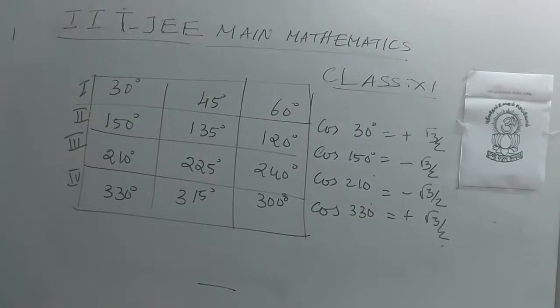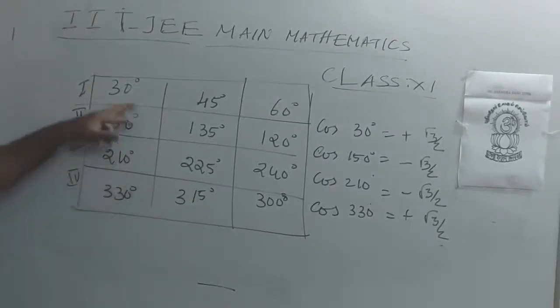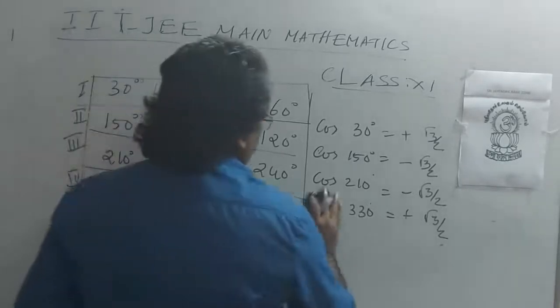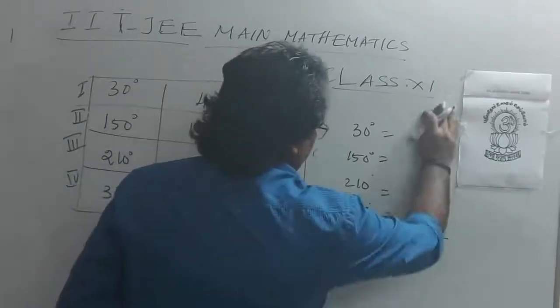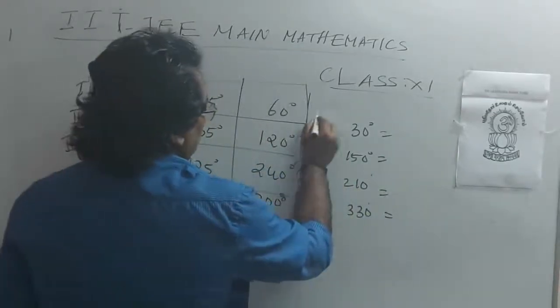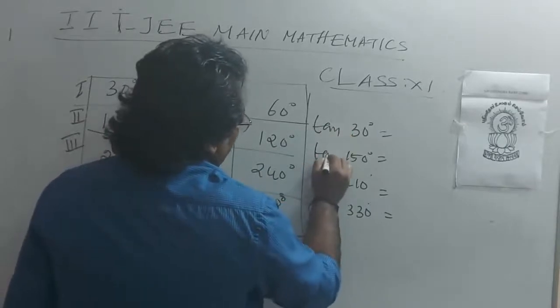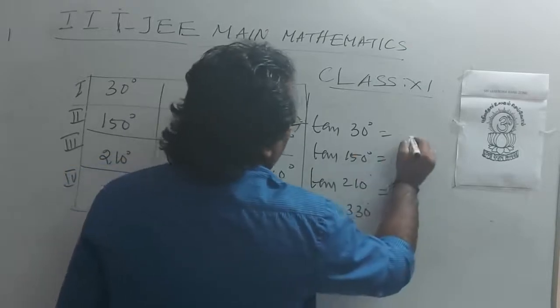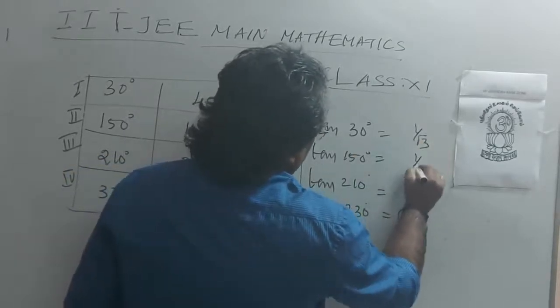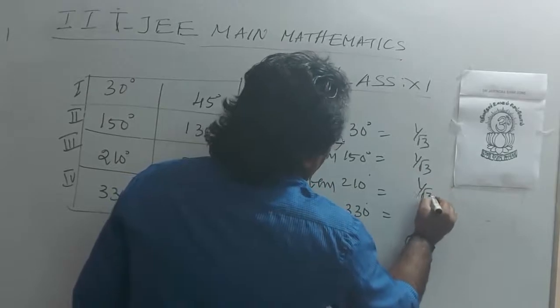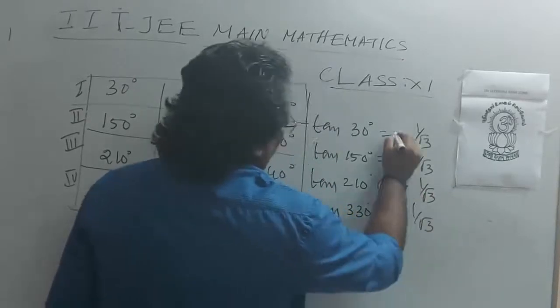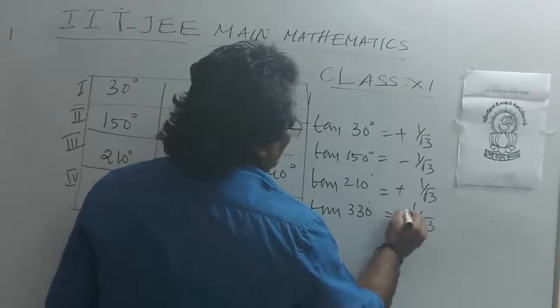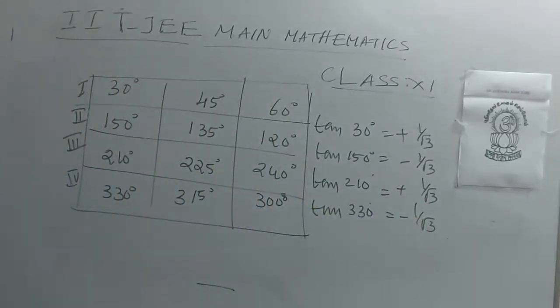If you know the value of cos 30, you can find all the values for 150, 210 and 330 easily. Then tan 30, tan 150, tan 210, tan 330: 1 by root 3 in each case. First quadrant plus, third quadrant plus. Here we have minus sign.